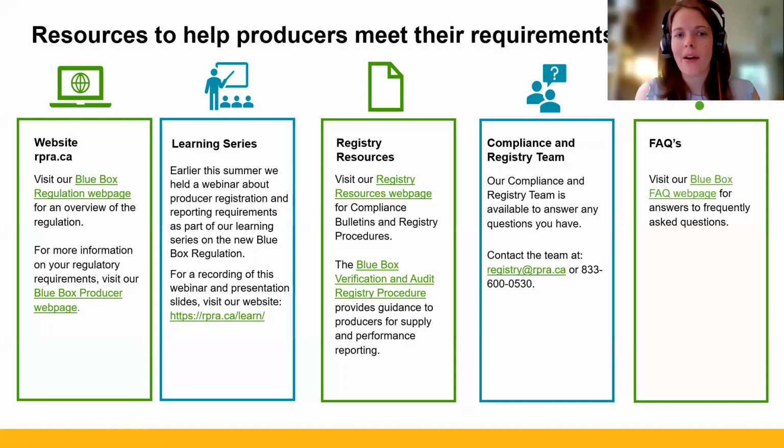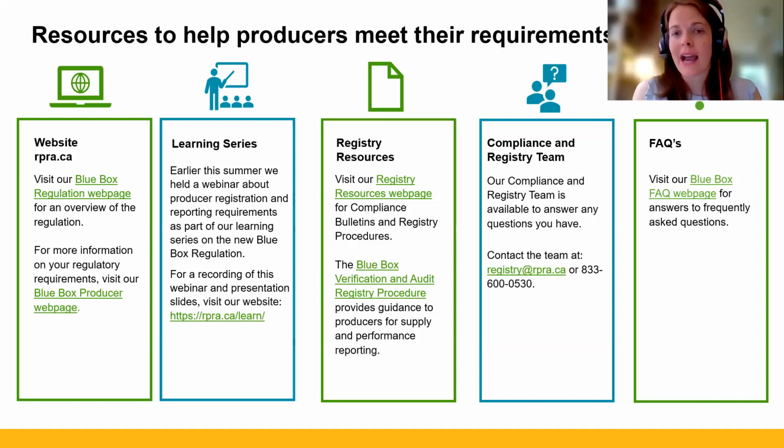We held a webinar earlier this year about the registration and reporting requirements for producers, and that's also available on our website. We also have a registry resources page that has compliance bulletins and registry procedures. Most relevant here is going to be the Blue Box verification and audit registry procedure, which, as I said, has some information for producers who are choosing to report using their actual weights.